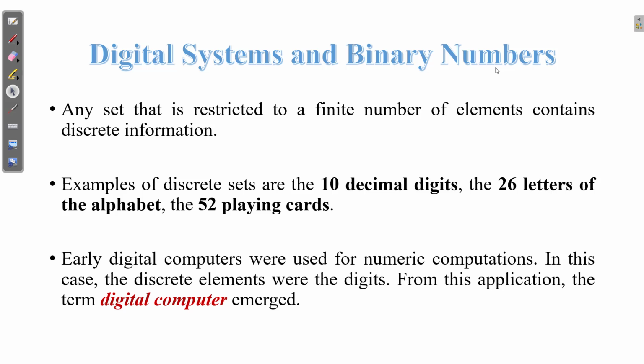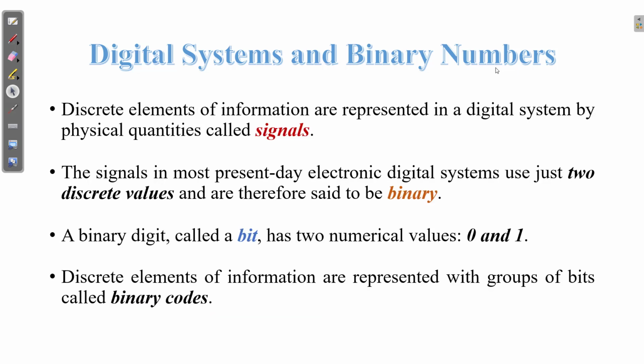So what are the discrete elements of information? For example, 10 decimal digits are discrete elements, 26 letters of the alphabet, and also 52 playing cards are discrete elements. Now we say that these discrete elements of information are represented in a digital system by physical quantities which are called signals.